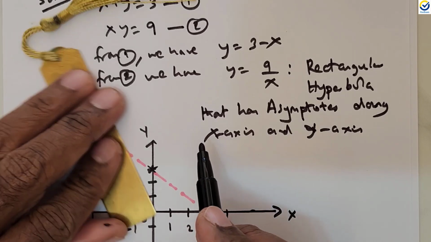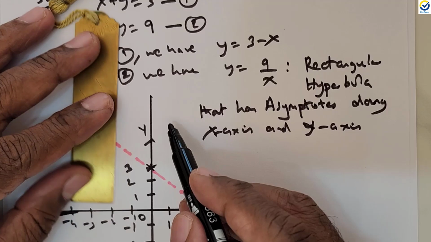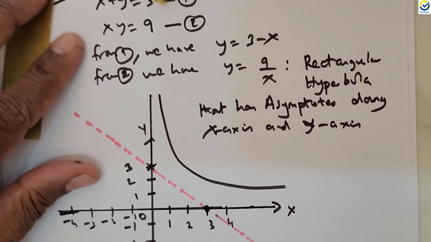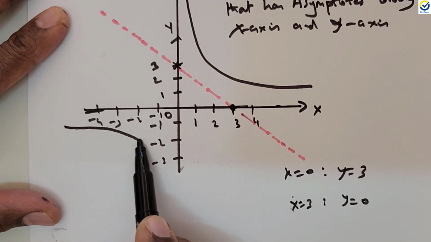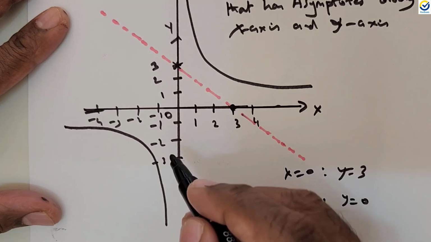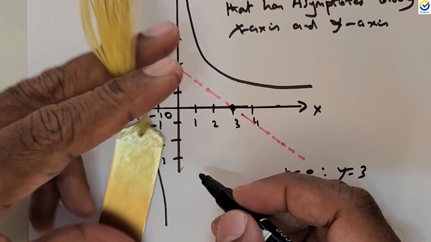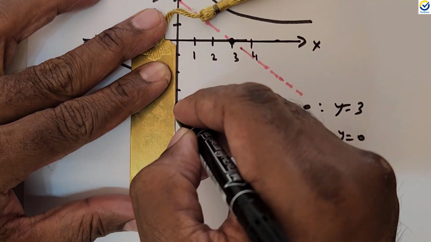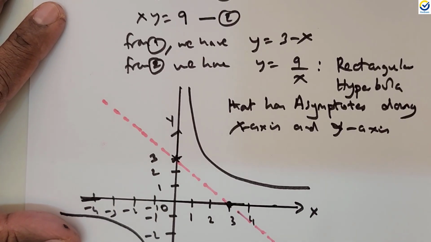If I were to stretch this y-axis, the hyperbola will come like this, and over here the hyperbola will come like this. It will never touch the y-axis or the x-axis. This axis will go all the way. There won't be any contact.